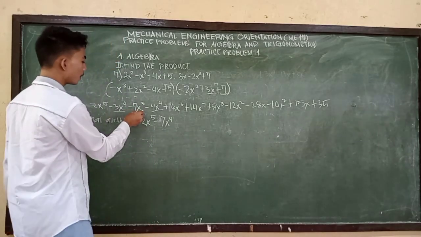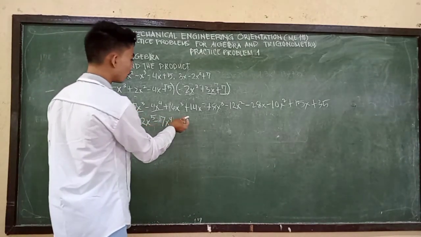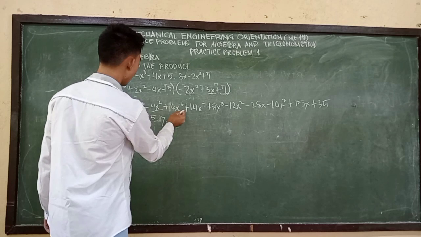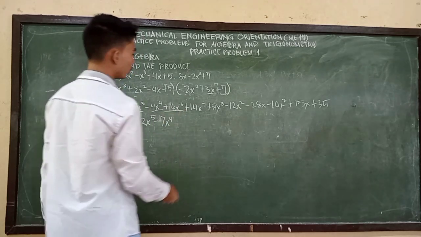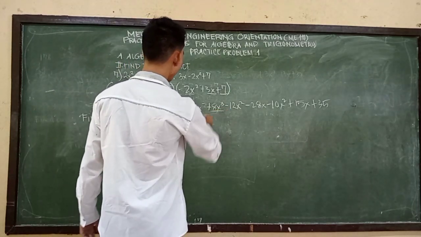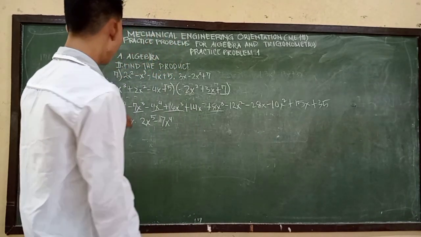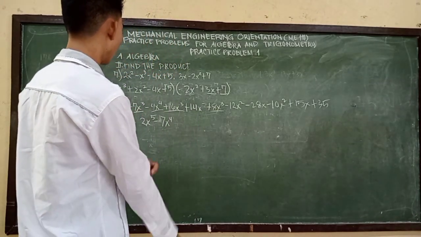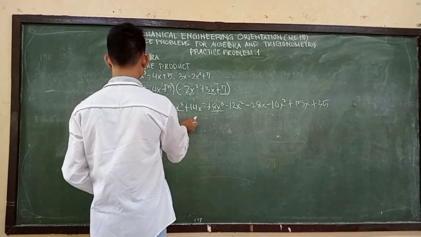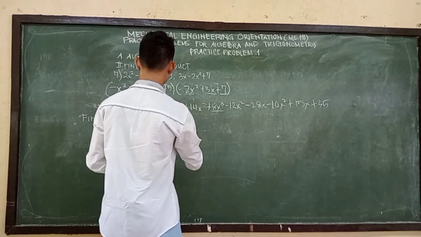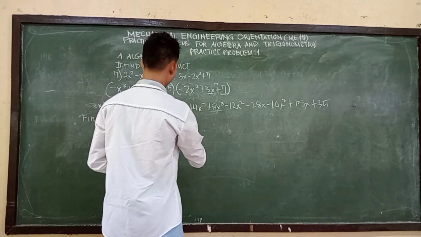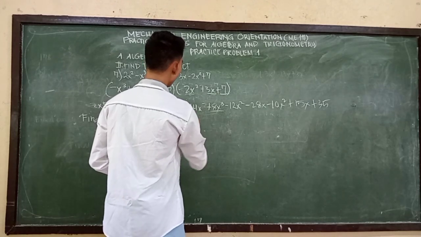And then negative 7x cubed plus 6x cubed plus 8x cubed will give us positive 7x cubed.